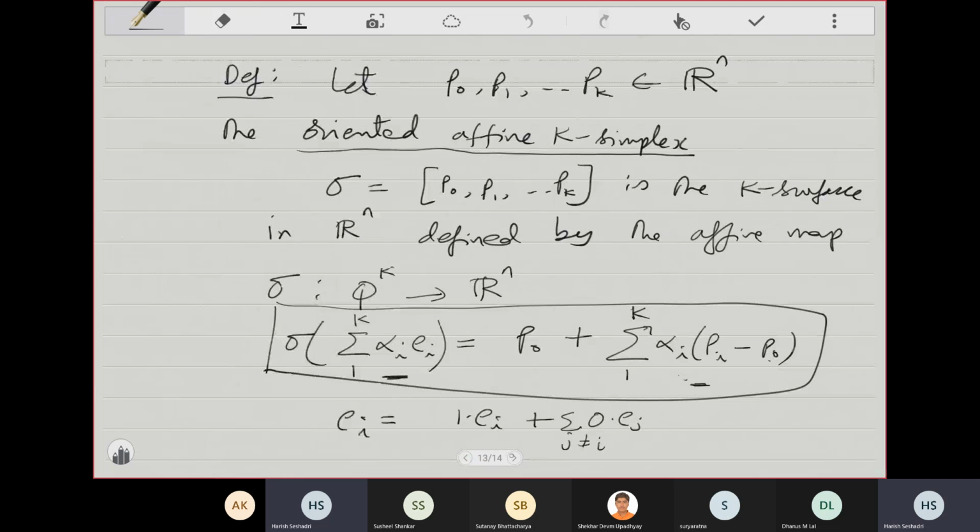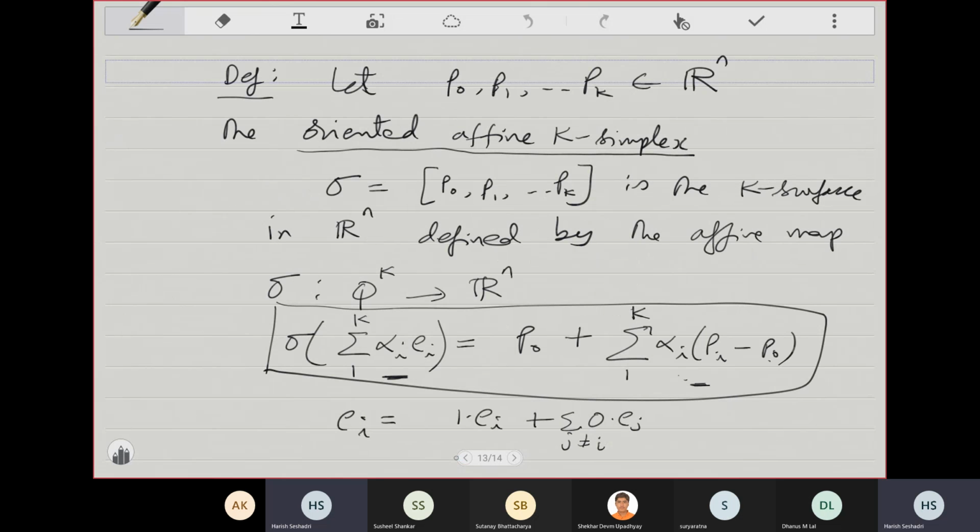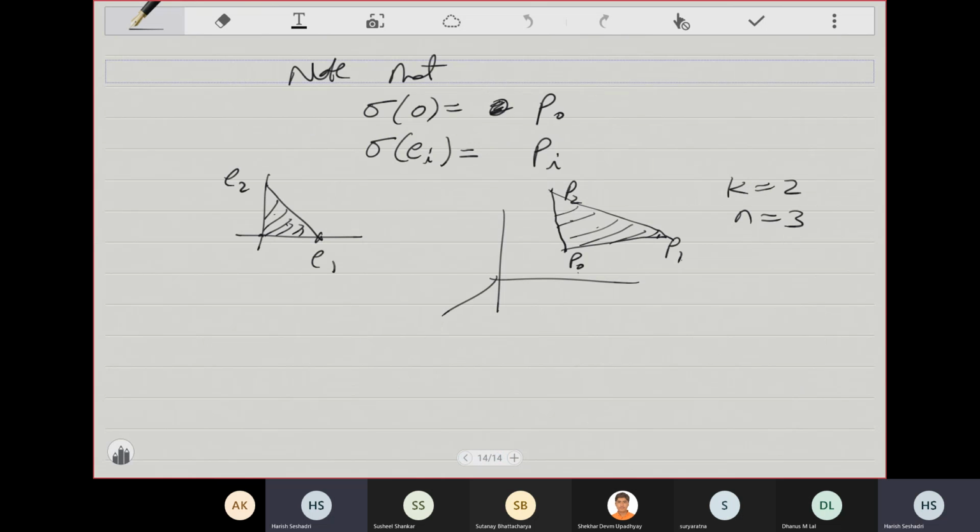So I'll stop here, but just before I stop, I'll just mention why this sigma is affine. Simply, for the following reason.